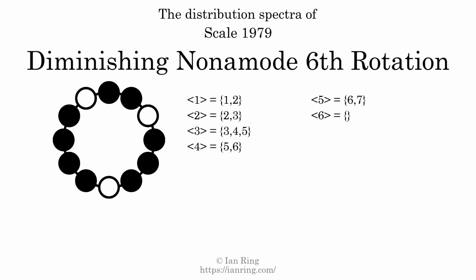The generic interval of 6 scale steps comes in 3 different specific interval sizes, 7 semitones, 8 semitones, and 9 semitones. The spectrum width of this generic interval is 2. The generic interval of 7 scale steps comes in 2 different specific interval sizes, 9 semitones and 10 semitones.